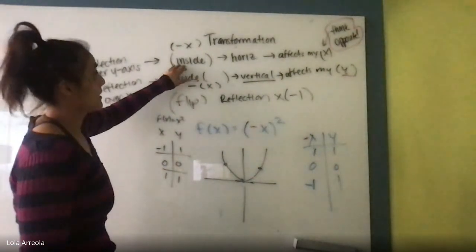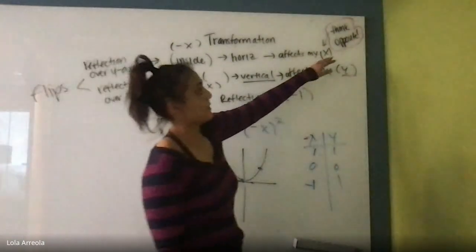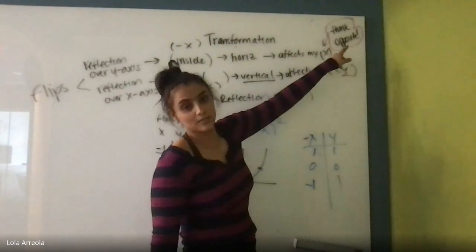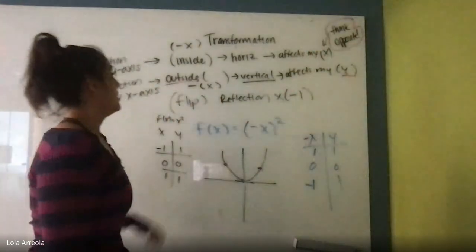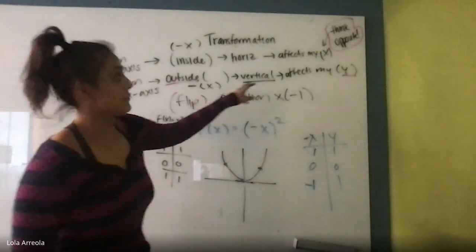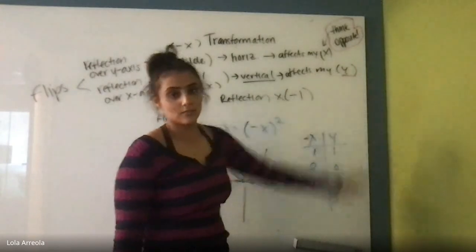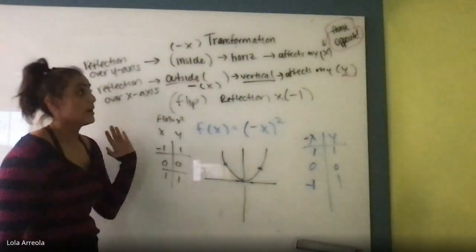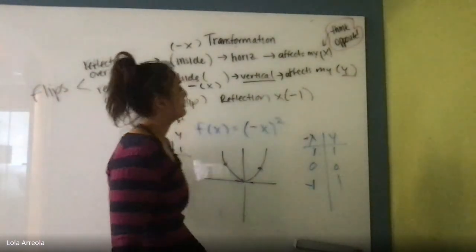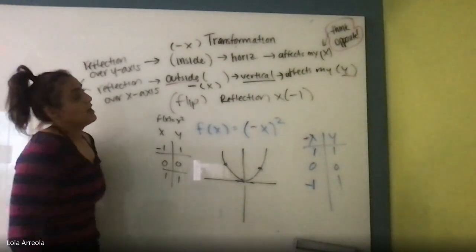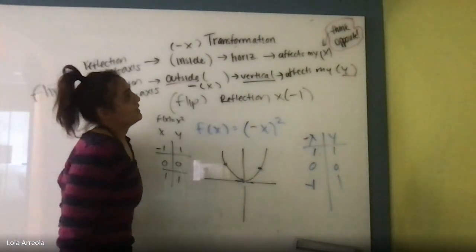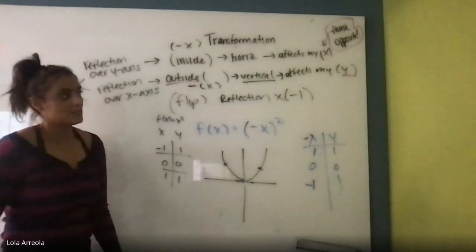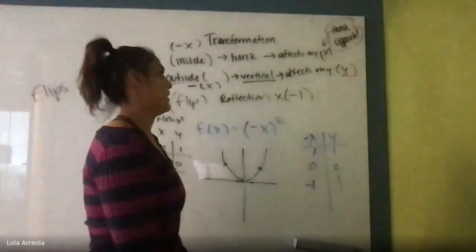Anything happening inside is going to affect my x-axis. And I have to think the opposite when I'm adding, subtracting. And anything happening outside is a vertical, and it's going to affect my y. So if it says +2 outside parentheses, that means y +2. If it says x +2 inside parentheses, that means x -2 when I apply the math.